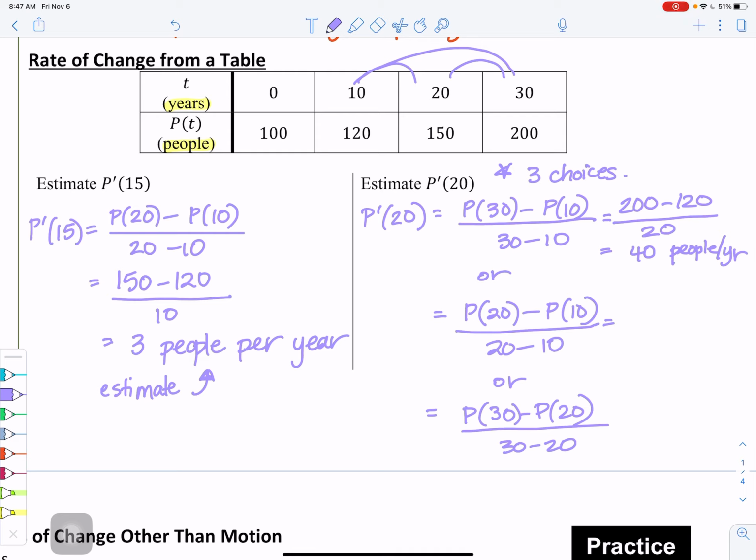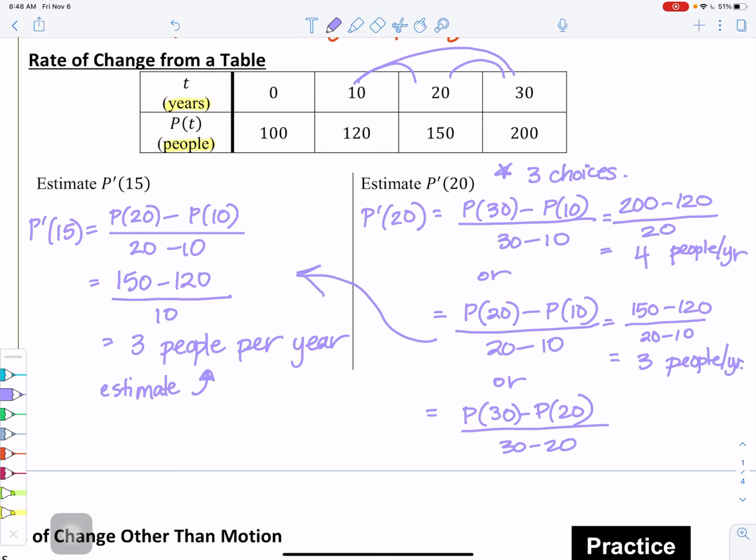P of 20 minus P of 10 would be 150 minus 120 over 20 minus 10, and that would be 30 over 10, which is 3 people per year, and that's actually what we used over there.